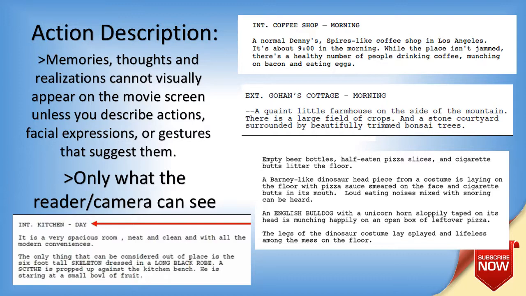So no memories, no thoughts or realizations. How can you show that he has an idea unless you physically write his facial expression, like a ta-da moment? How can you put that on paper?